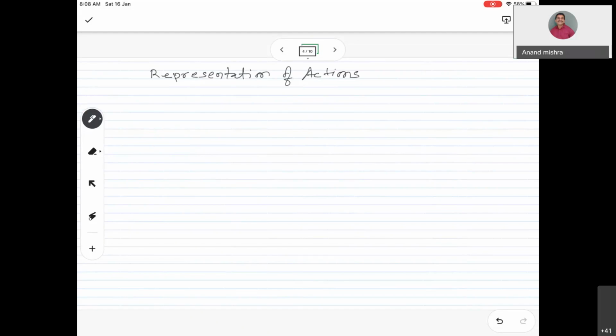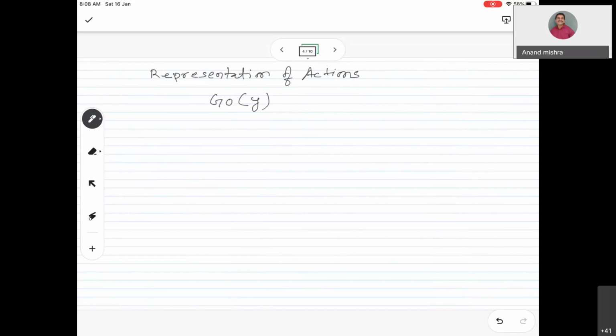Let's say we have an action called Go(Y). So this is an action. If you are asking an agent to execute this action, then how do you write it in a formal way?